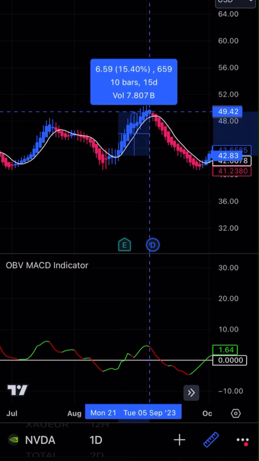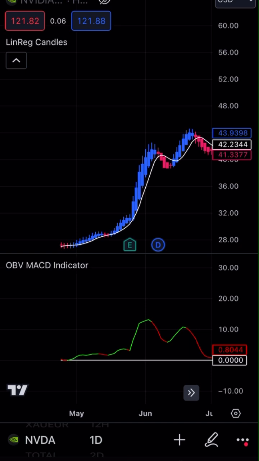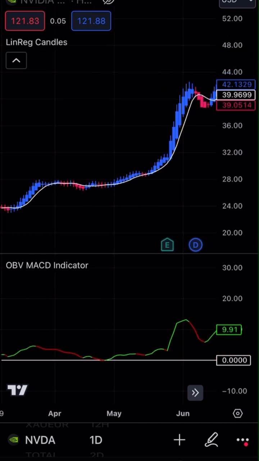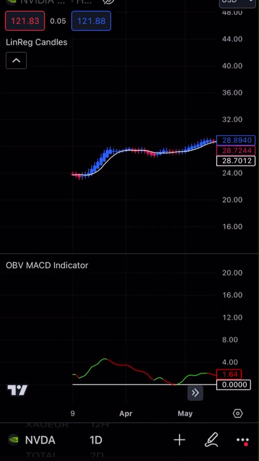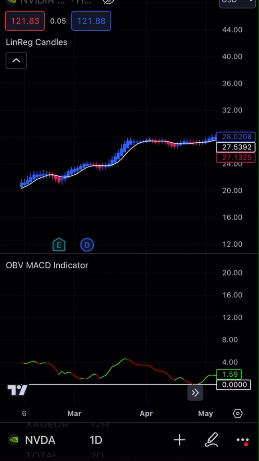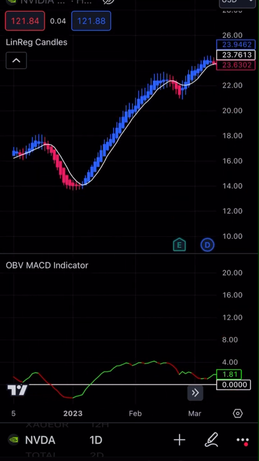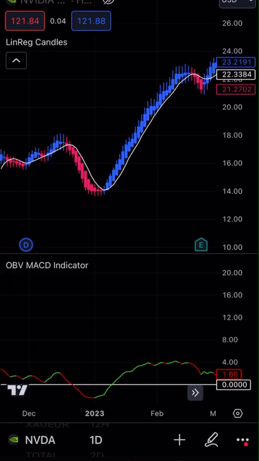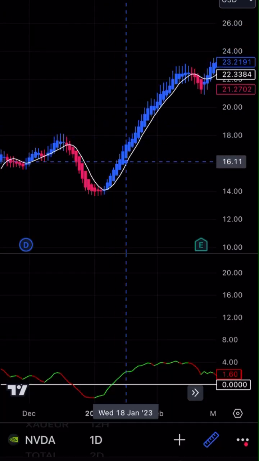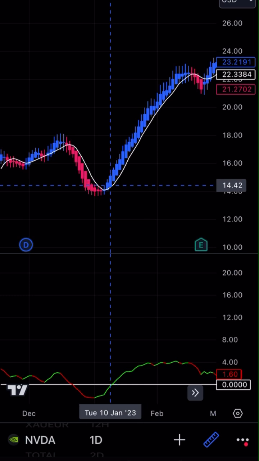Then you got another moment right here. Ride that one out, and that's a small one, that's 15%. Is that touching? That's not really touching right there. So you want to make sure you get two confirmations until you get the hang of it.